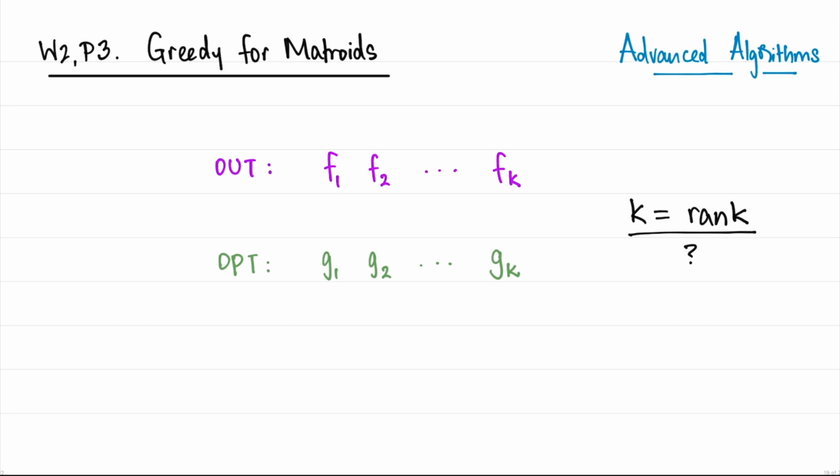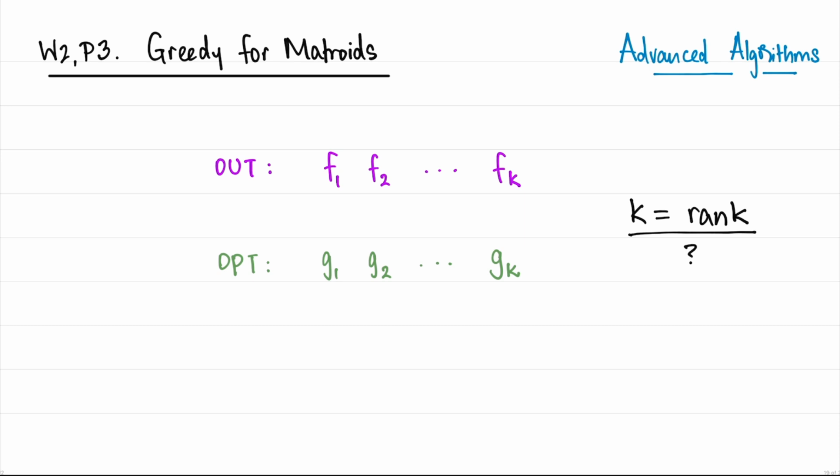So of course, k cannot be more than the rank, because by design, greedy always outputs something in F, and we have just seen that all the maximal sets in F have size equal to the rank. So the family F cannot have sets whose sizes are bigger than the rank of the matroid, because that violates the definition.